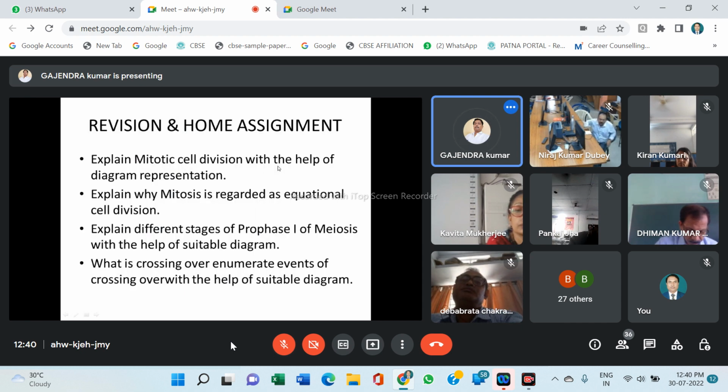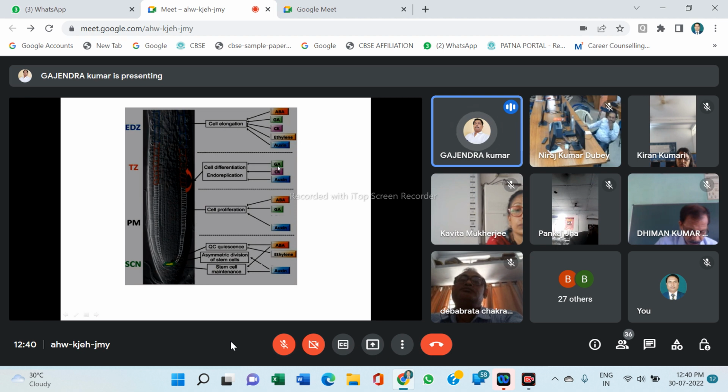These three work, and cell differentiation is observed. Here also hormones play an important role in cell differentiation and cell regulation.